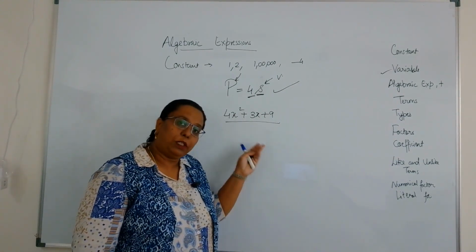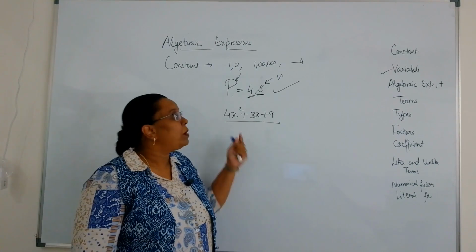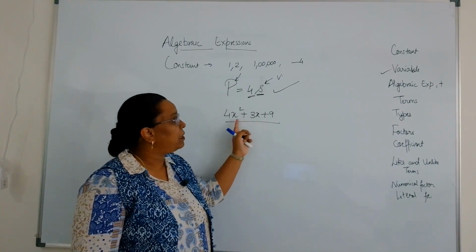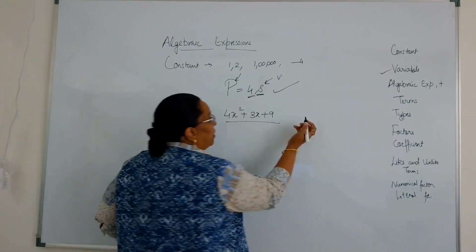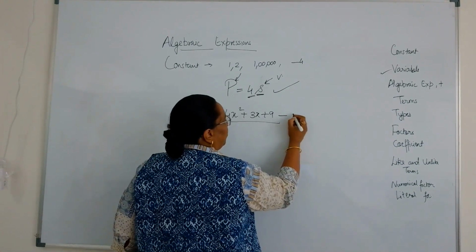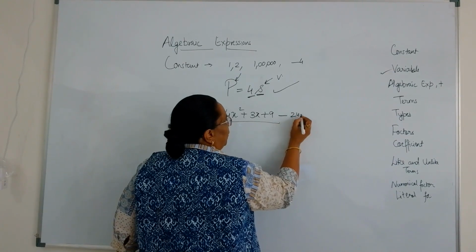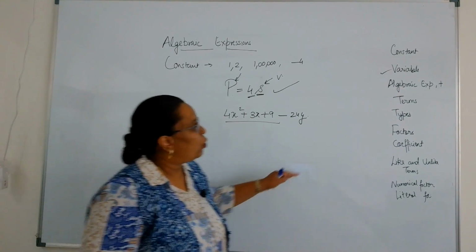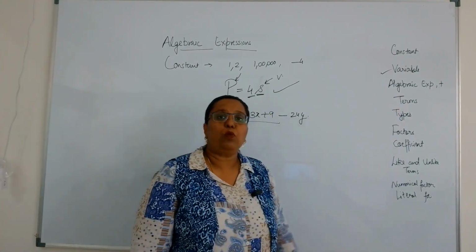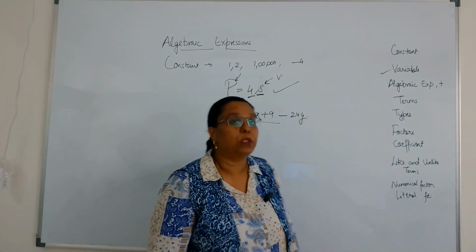This has constants also, variables also, and we can see the signs also, positive and negative, or we can say this is minus 24y. Fine. So this is an algebraic expression. Now in algebraic expressions we have various terms.